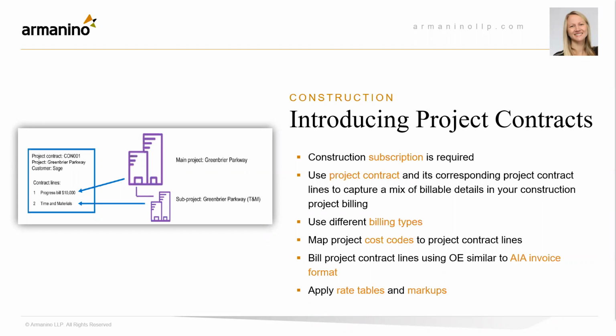On the left side, we have the progress bill, and that's related to the main project. Then you have sub projects that roll up under the main project, and you can break it down by time and material on that sub project. It will use different billing types, and you can map your project cost codes to project contract lines.